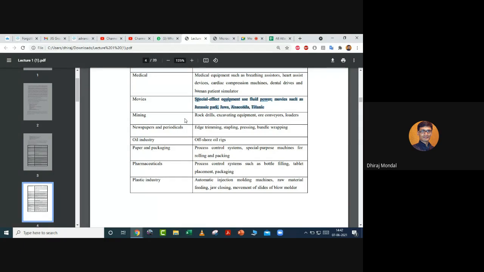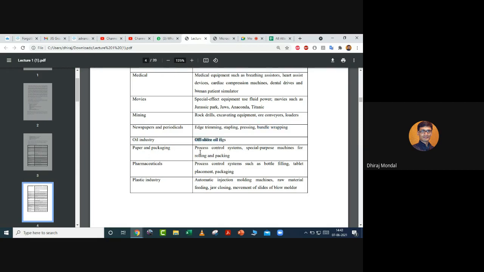Mining: here rock drills, excavating equipment, ore conveyors, loaders. Newspapers and periodicals: here edge stitching, stapling, pressing, bundle wrapping. Oil industry, offshore oil rigs.